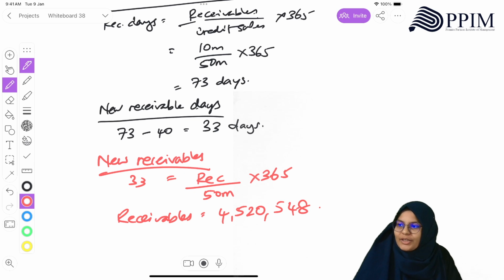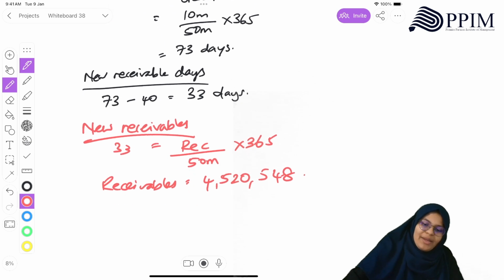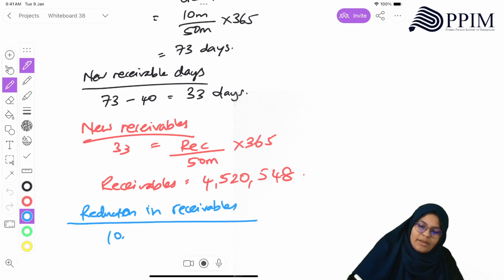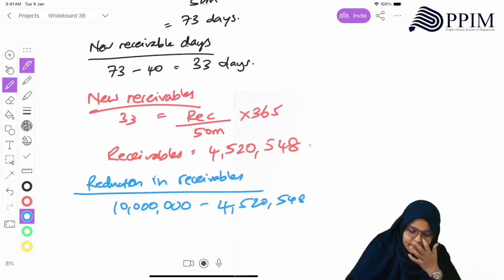So what used to be 10 million, the receivables used to be 10 million, it is actually reducing to 4.5 million odd. Okay, so now you can take the reduction in receivables. Used to be 10 million minus 4,520,548.